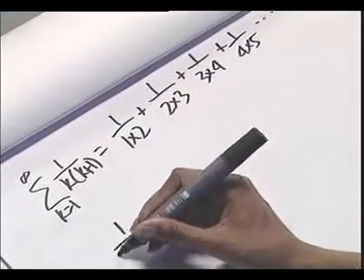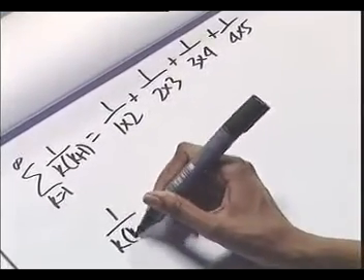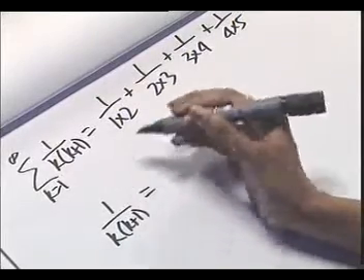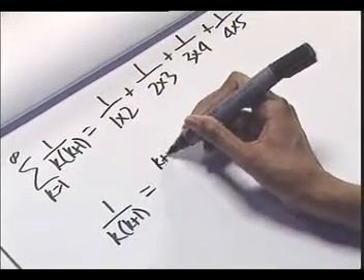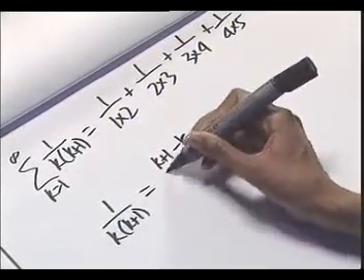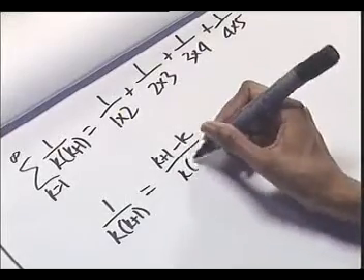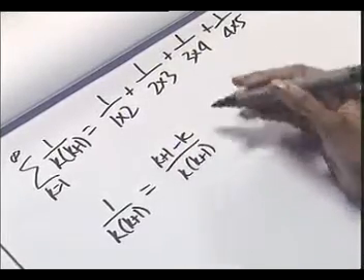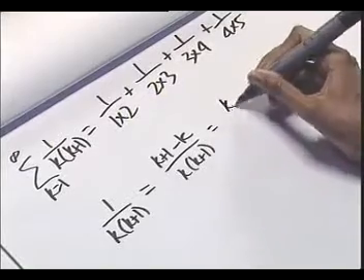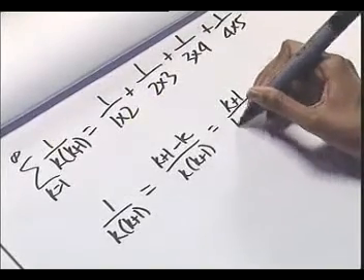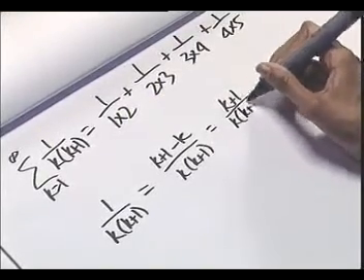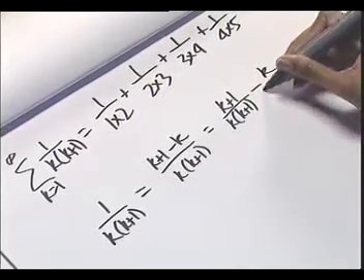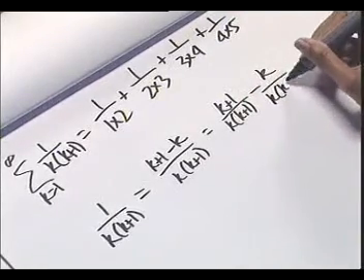So we'll look at one term, 1 over k times k plus 1, and I can break up the numerator into k plus 1 minus k. So then I can break up the whole fraction into k plus 1 over k times k plus 1, and that's minus k over k times k plus 1.